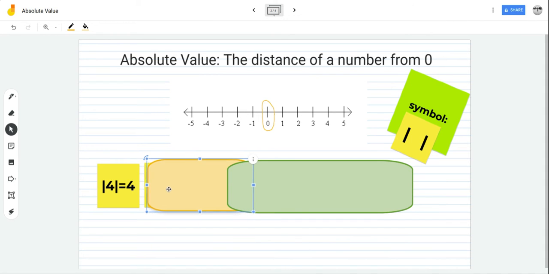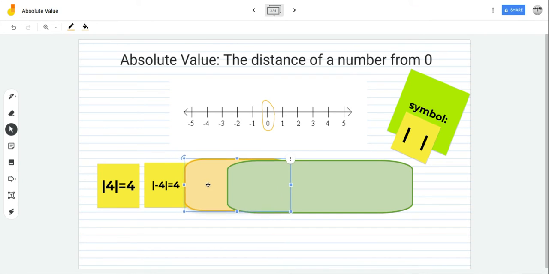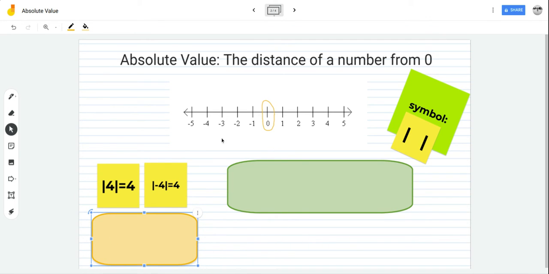The absolute value of -4 is 1, 2, 3, 4. -4 is still 4 spaces away from 0. So the absolute value of -4 is also 4. Absolute value is just the distance of a number from 0, whether that number is positive or negative.